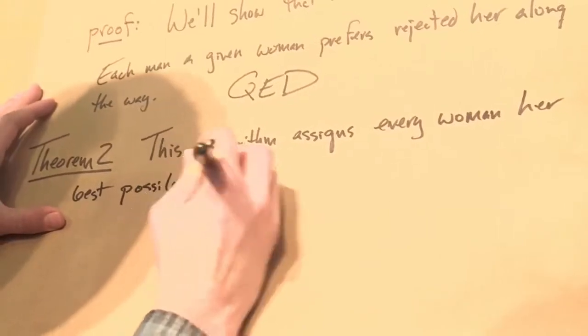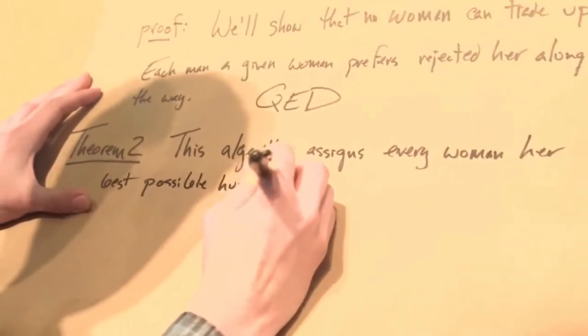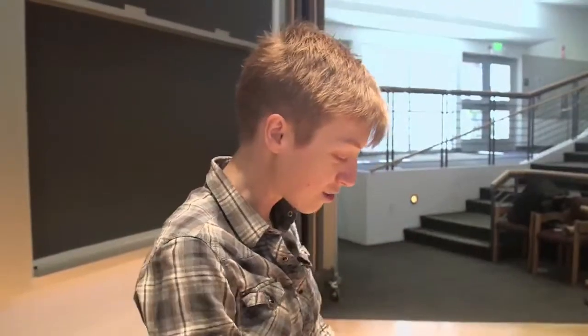What I mean by this is that in any solution to the stable marriage problem, every single woman does no better than the assignment from this algorithm. And maybe I should say the girl proposing algorithm, because remember the way it works is the women propose to the men. This is a really, really remarkable result that says that the solution to the stable marriage problem found by this algorithm is simultaneously optimal for all the women.